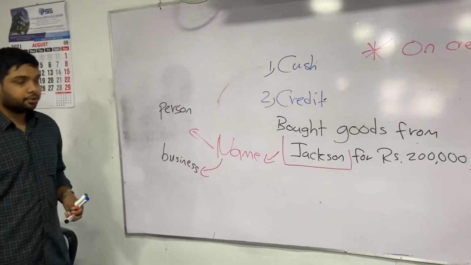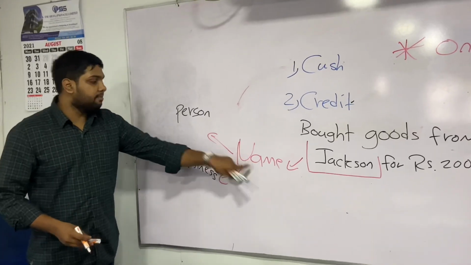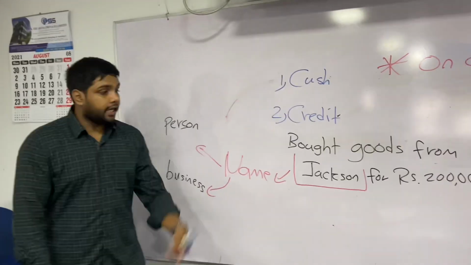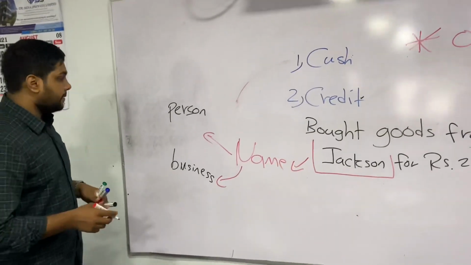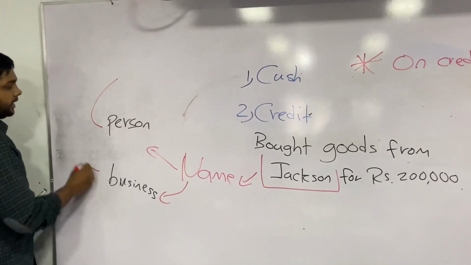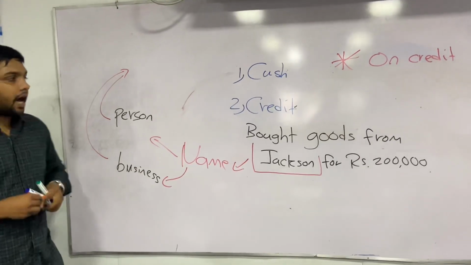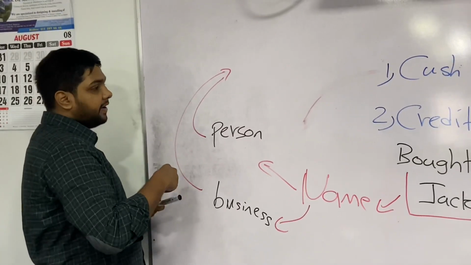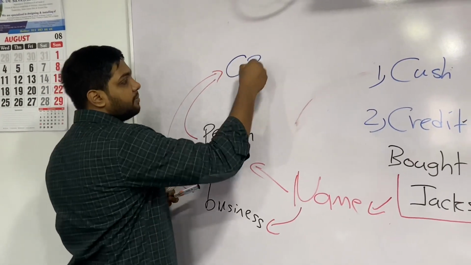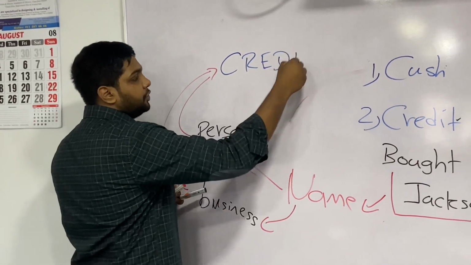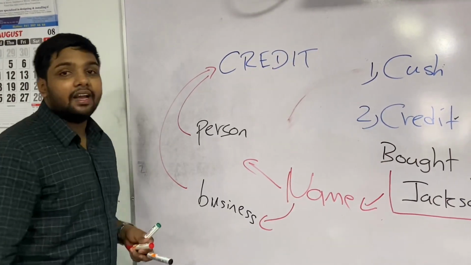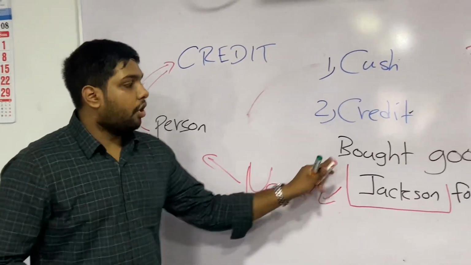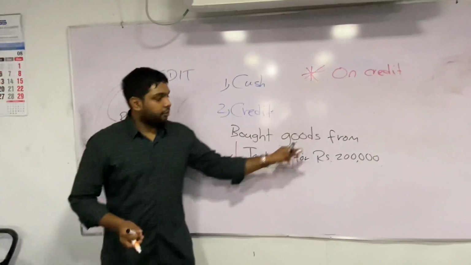if you see the name of a person or a business in a transaction, it should definitely, I'll repeat again, it should definitely be a what transaction, my dear wonderful students? It should be a credit transaction. Bought goods from Jackson for 200,000.